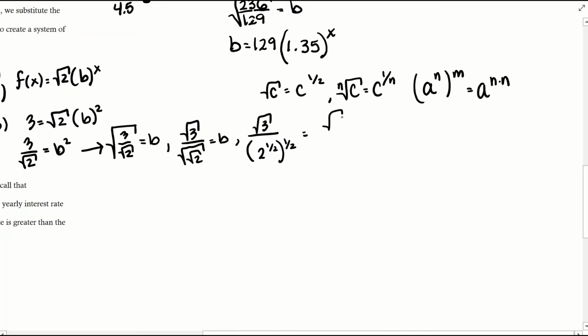So that's going to give us root 3 over the 4th root of 2, because remember, this is 2 to the 1/4 now.